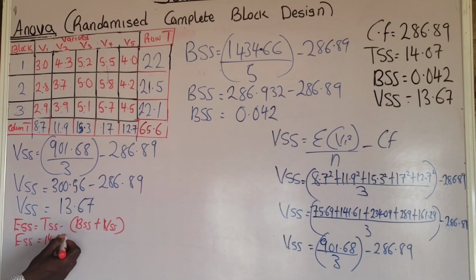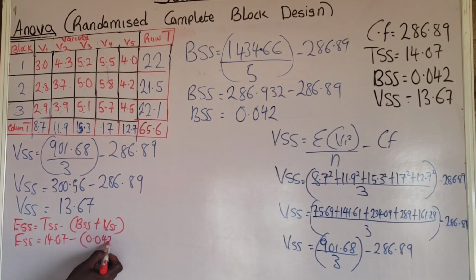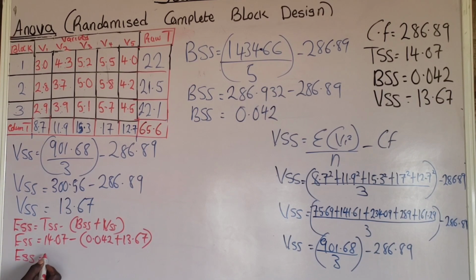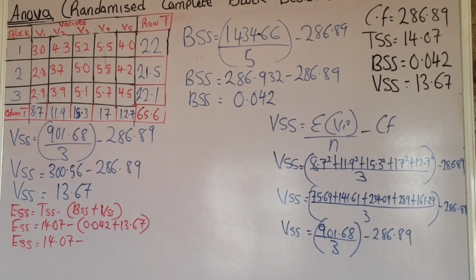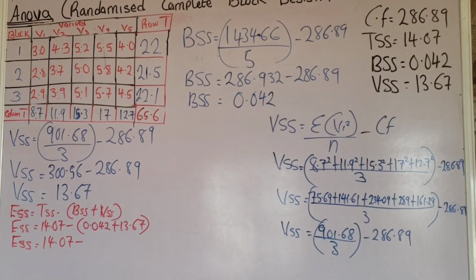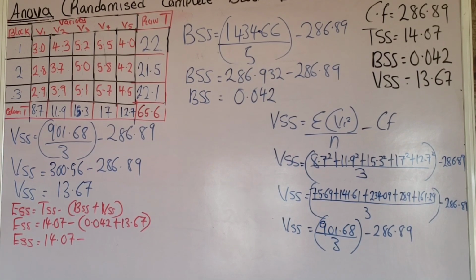14.07 minus block sum of squared, that is 0.042, 13.67. You understand? Okay? Please, do you understand it to this point? Okay? So the error sum of squared here will be 14.07 minus, if you sum 0.042 and 13.67 together, you are going to have 13.712.